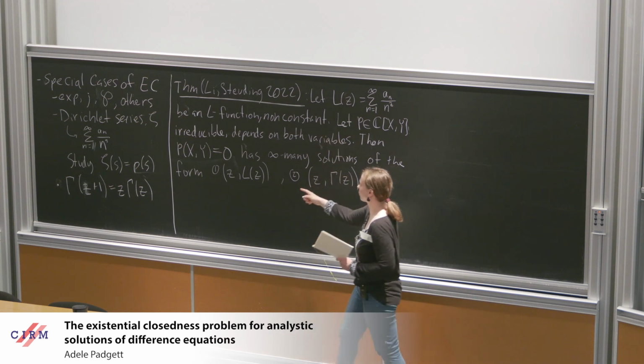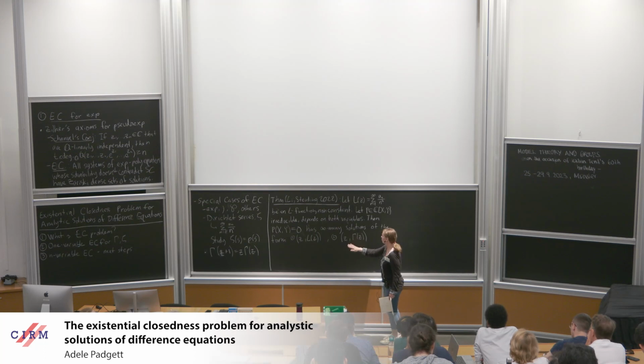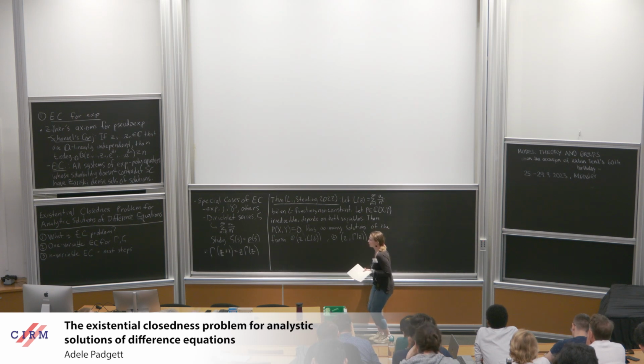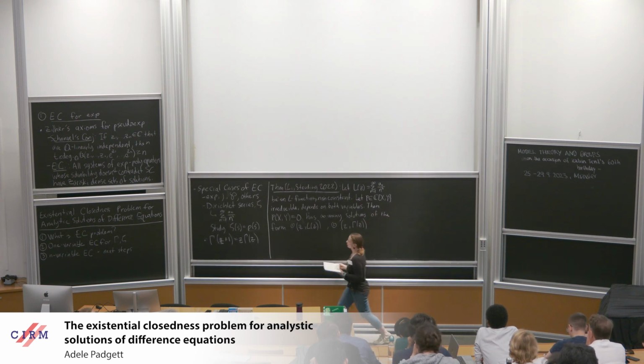The proof that they show for L functions just also almost immediately works for the gamma function, so you can write both. And so I'll show you how this proof works because it's pretty simple.